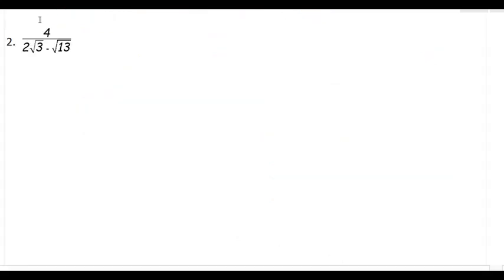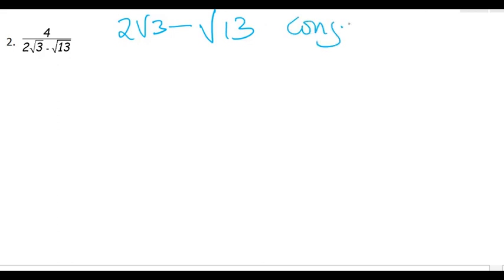The second example under this category, we have 4 over 2 root 3 minus root of 13. Our denominator is 2 root 3 minus root of 13, and its conjugate is 2 root 3 plus root 13.